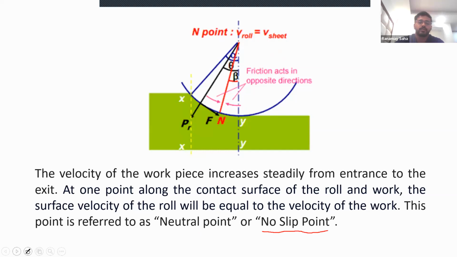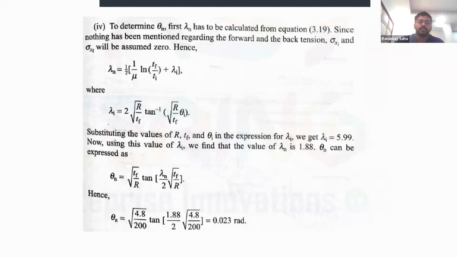Now, if you know the neutral point, you can find out the value of the location of neutral point theta n using this relationship, but that requires no TF, you know, roll radius. Okay, you only need your lambda n value. So lambda n you can find out by this equation.